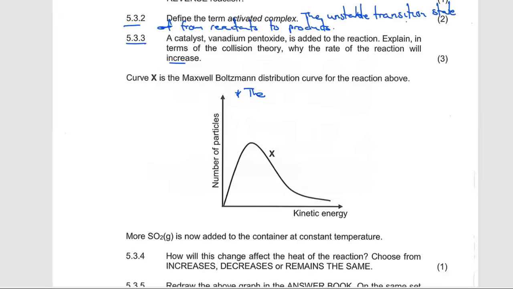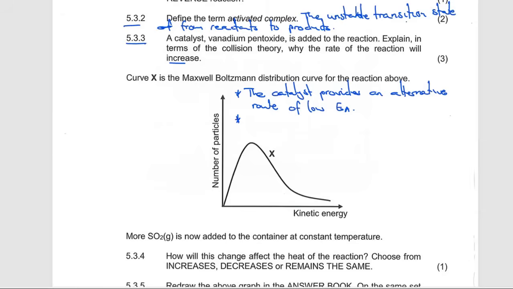A catalyst provides an alternative route or pathway of lower activation energy, which I'm just going to write as EA for time.